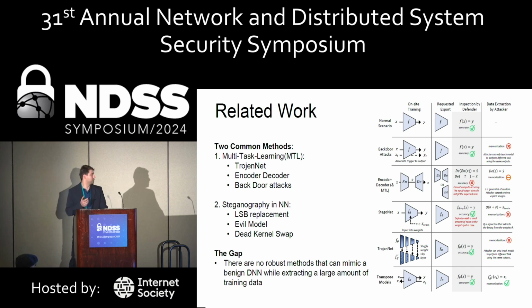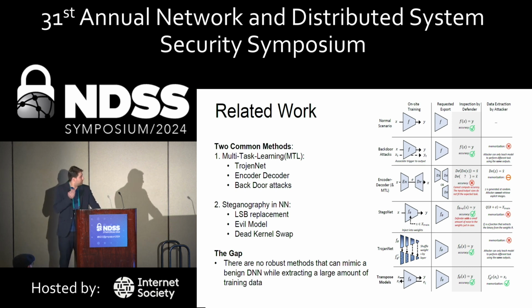The second topic is steganography. Using steganography, data can be hidden inside various other data types. For example, in neural networks, compressed datasets can be hidden inside the neural network weights.